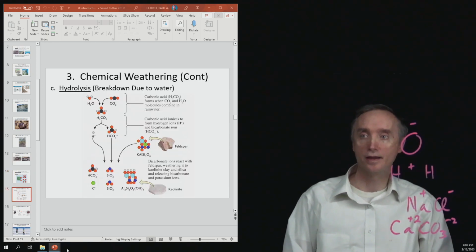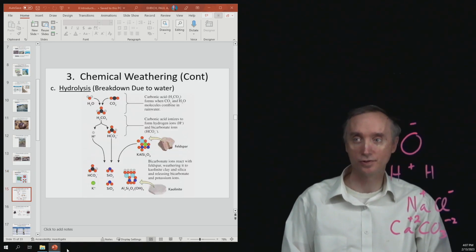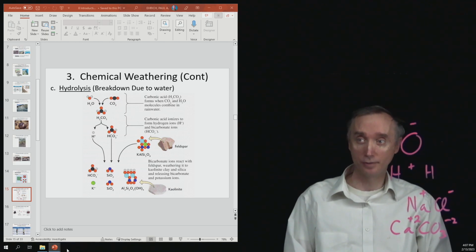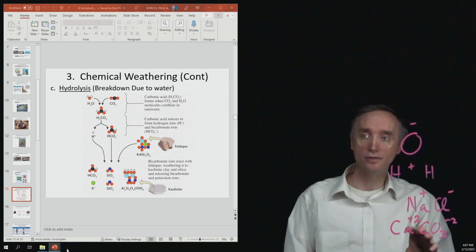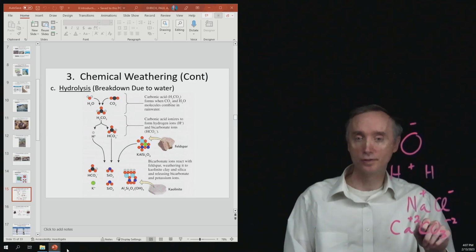Okay, let's look at another example of this, which is a little bit more complicated. This is called hydrolysis, and again, it's a chemical reaction with water. This time, if you look up at the top, you see that water and carbon dioxide mix together to make carbonic acid.